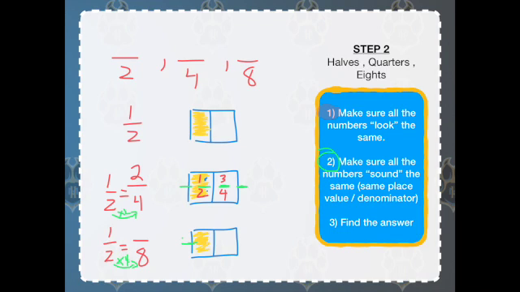So I'll start by cutting it into quarters again, and then I'll cut each piece into 2 more. And now I really have 8 pieces. I can count them: 1, 2, 3, 4, 5, 6, 7, 8, which is great because I'm working with eighths. And of those 8 pieces, 4 of them are colored in. So what I've shown here with my picture is that in 1/2, there are 4 eighths.